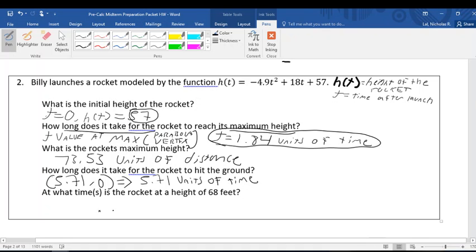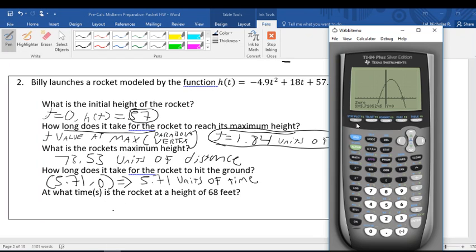And at what times is the rocket at a height of 68 feet? Well, to find this, I will put a second equation at y2 equals 68 and graph it. Our original function is going to equal 68 when it intersects with the line y equals 68. So to find these values, I'm going to calculate some intersections.